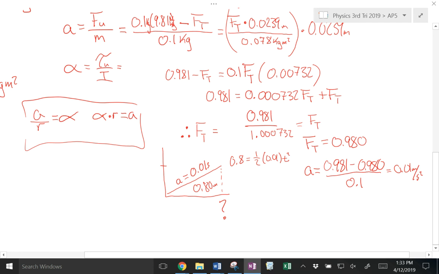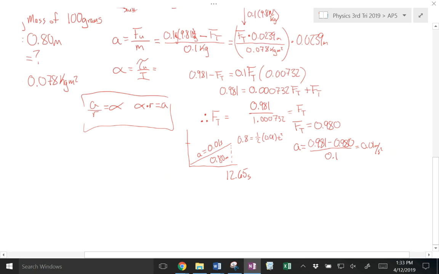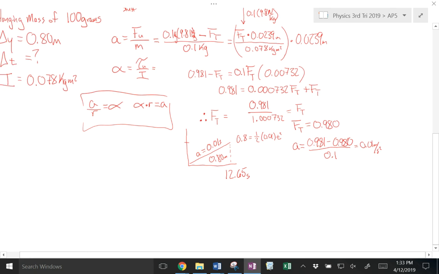Because ours was 0.9803, so she rounded down. Ours is just more precise. I did something wrong. We got 15.12. For our tension, we got 0.9803. We kept a lot of sig figs. I should have kept more sig figs. I know, because that's super icky.